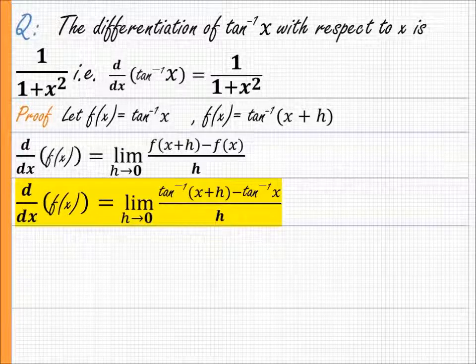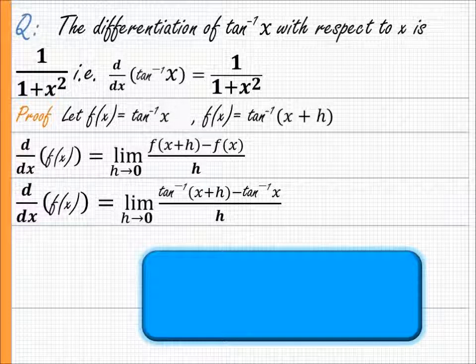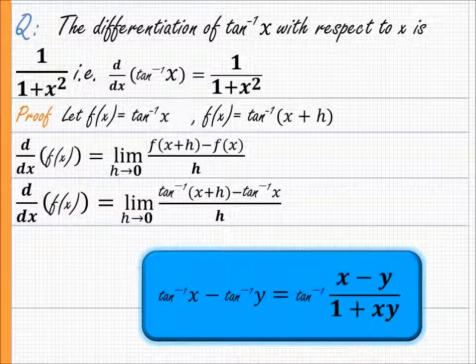And what's the value of tan inverse x minus tan inverse y? Remember, in the episodes on inverse trigonometric functions, we have already discussed that tan inverse x minus tan inverse y is equal to tan inverse of x minus y divided by 1 plus xy.